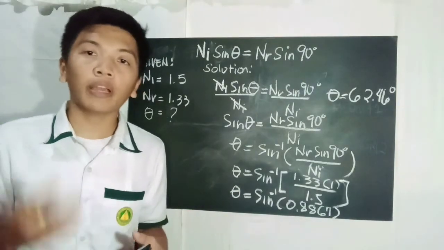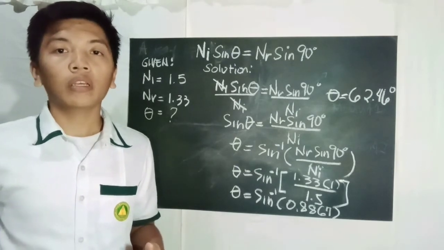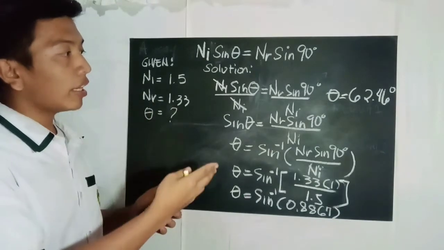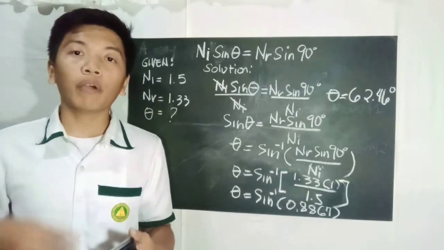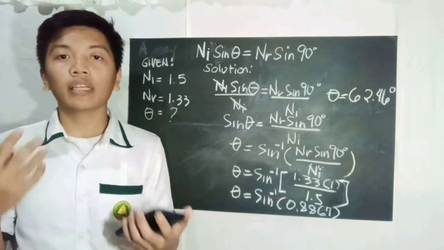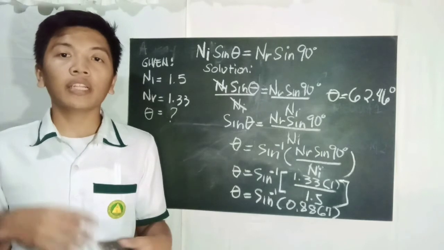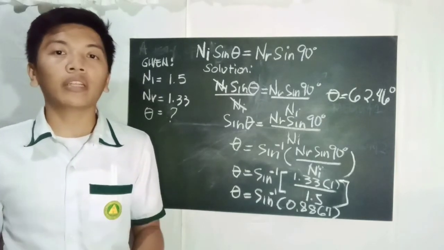Hence, for the ray of light that travels from glass to water to undergo total internal reflection, the source of light must be placed at greater than 62.46 degrees. So it is like the fountain that you have watched earlier. The source of light was placed greater than the critical angle, and that's how it creates total internal reflection.